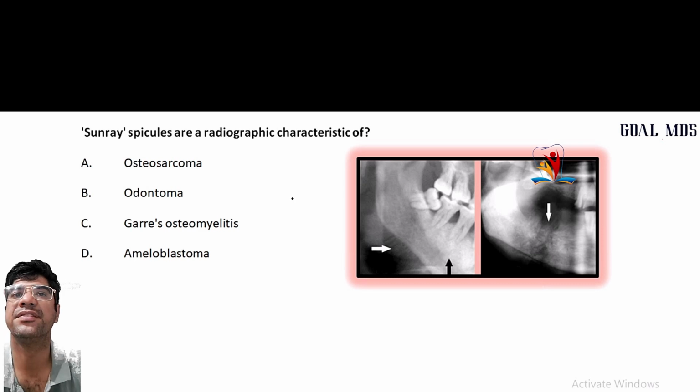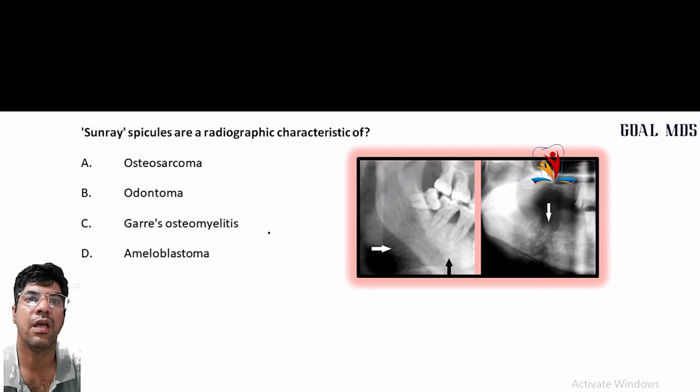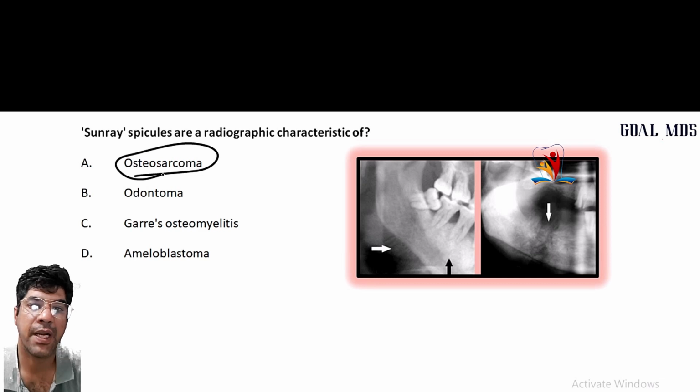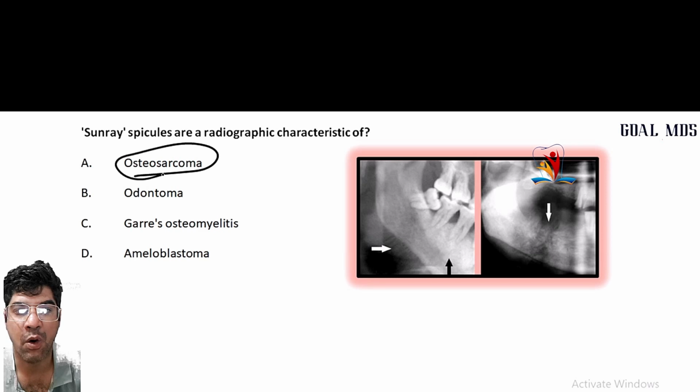Moving to the next question: the sun ray spicules are radiographic characteristic of? The answer is osteosarcoma. This appearance occurs when the lesion grows rapidly and the periosteum is unable to deposit new bone in an organized manner.